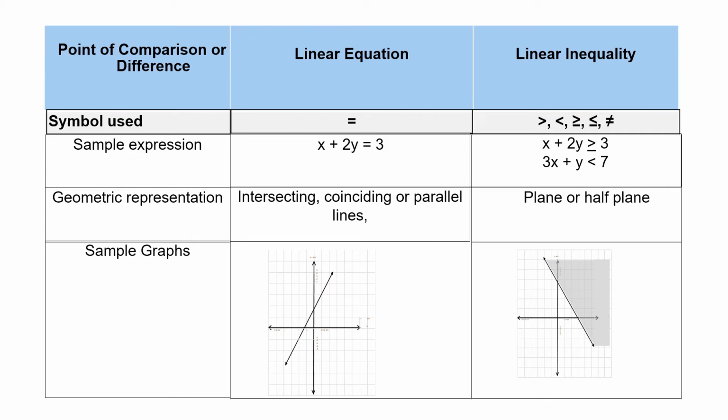As for the sample expression, sa linear equation, meron tayong x plus 2y is equal to 3, kung saan ginamit dito ang equal symbol. While for example, ng linear inequality, we have x plus 2y is greater than or equal to 3 and 3x plus y is less than 7, na kung saan ginamit naman ang inequality symbols na greater than or equal to at less than.